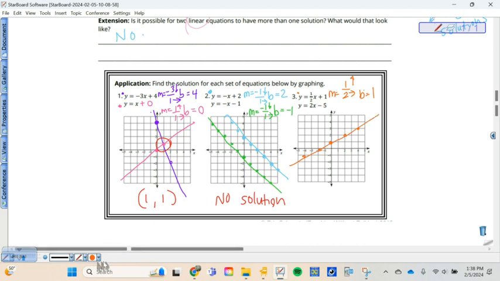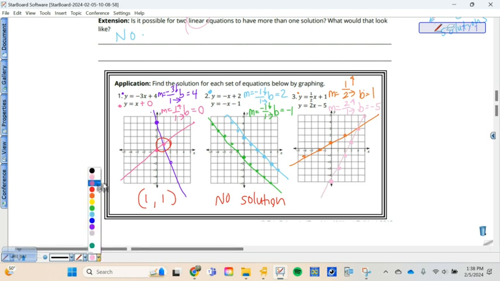And what about that second line? My y-intercept is -5. So I start at -5 down here. And what's my slope? Up 2 over 1. Up 2 over 1, up 2 over 1. There it is, that intersection.